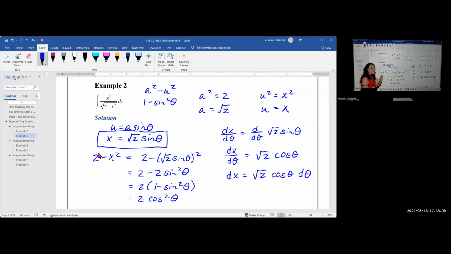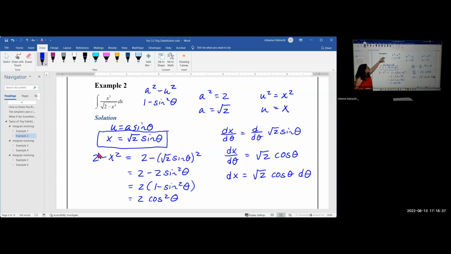So now I'm building it piece by piece to replace it. I've got something to replace 2 minus x squared. Under the radical, it's a single term, so I'll be able to take the square root. I have something to replace the differential. I'm feeling pretty good. Uh-oh, I've got an x cubed. Yikes. That wasn't in the previous example, but it's okay. I have an expression for what x is in terms of theta.